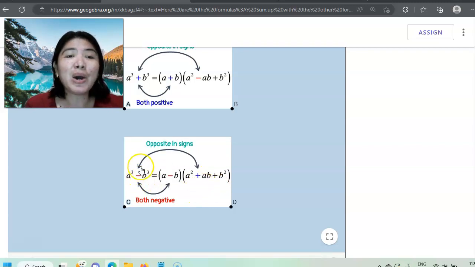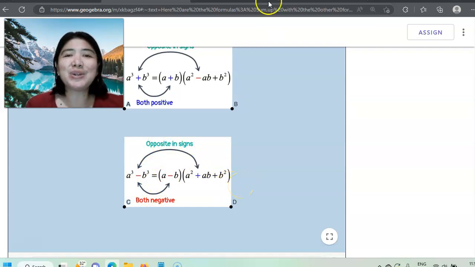So here, opposite sign. And finally, the sign of the third term of the trinomial factor will always be positive. AP, always positive. So chant with me. Same sign, opposite sign, always positive.